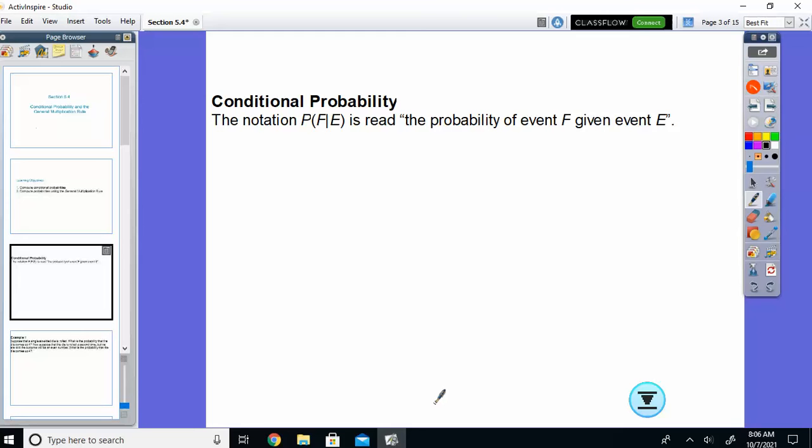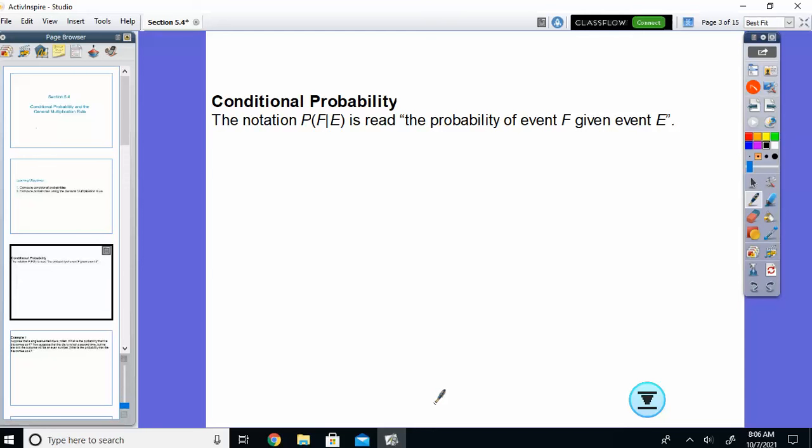So, a conditional probability. When you see these, you'll see the probability of F, then there's a vertical bar, that means given E. So we talked about situations where they're totally independent. Even if I know that you have my class first hour, does that change the probability that you are wearing flip-flops today?